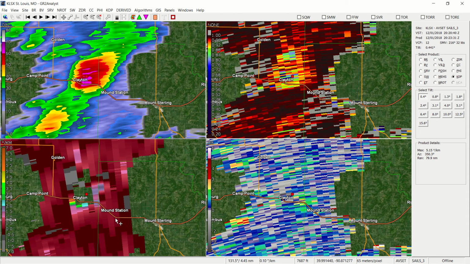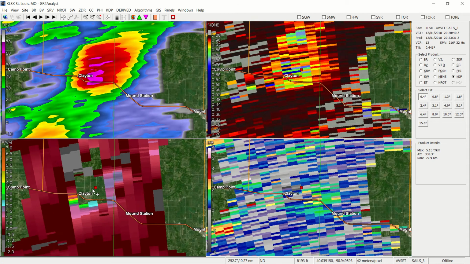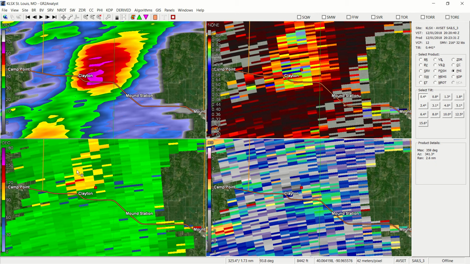Switching this over to KDP, what KDP shows us is the change in the phase shift difference derived from the differential phase shift. Going back to phi, it is the derived product from phi.